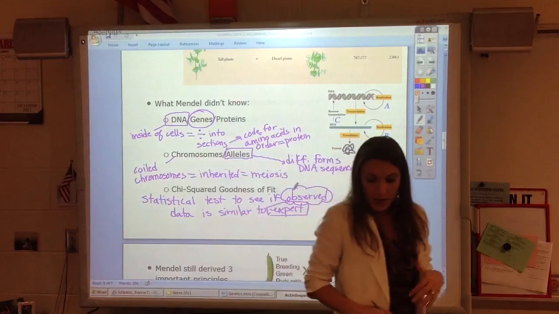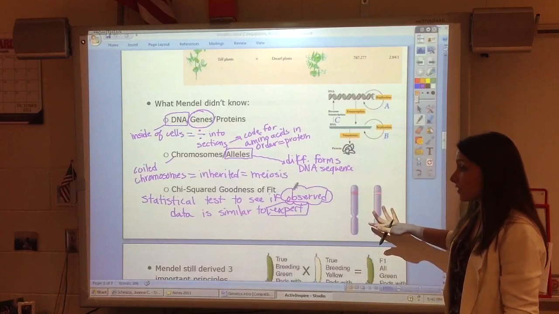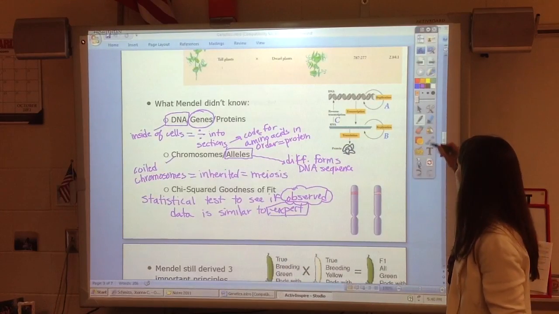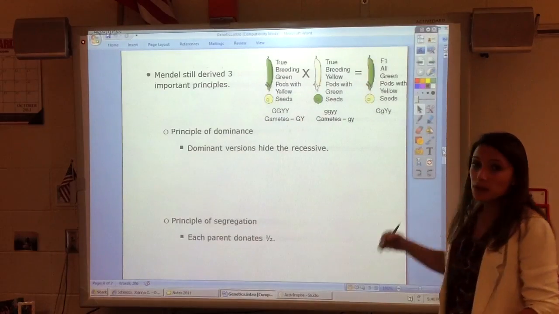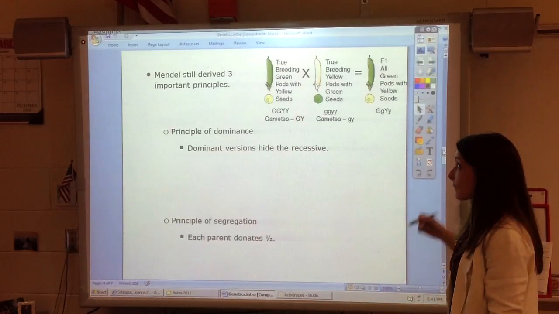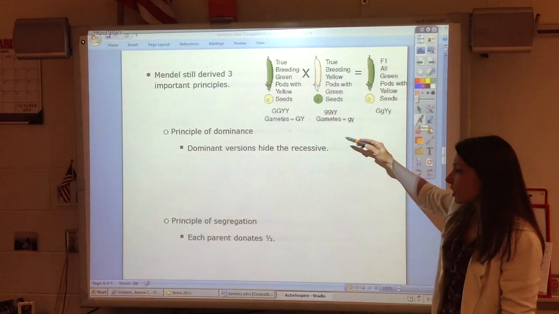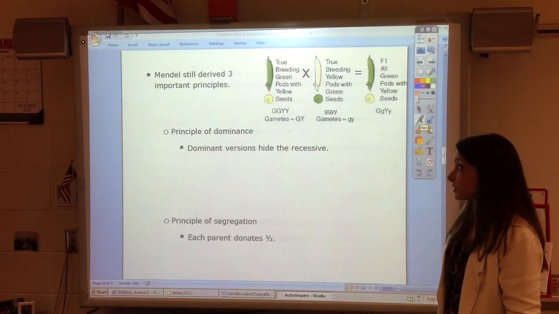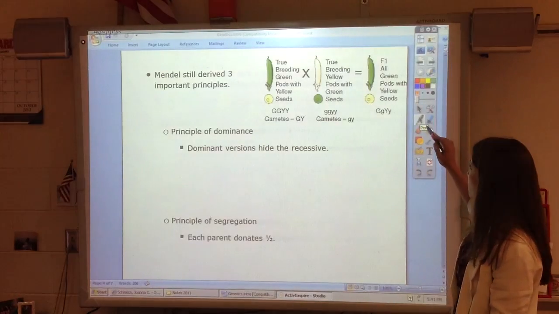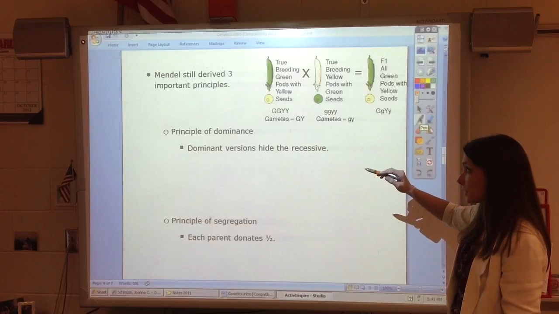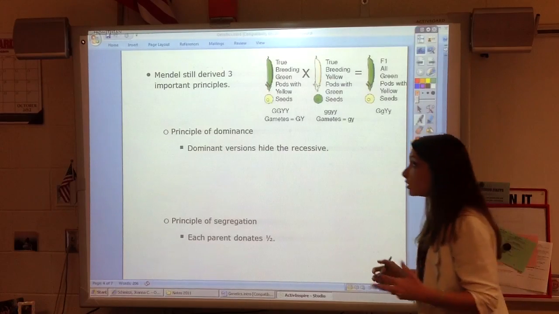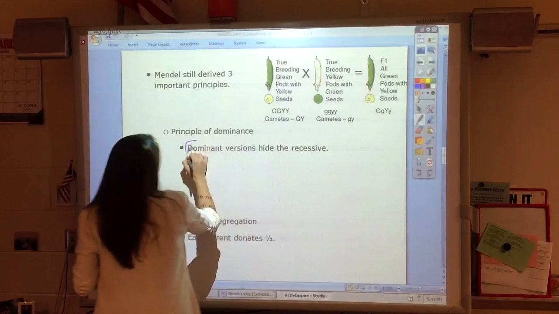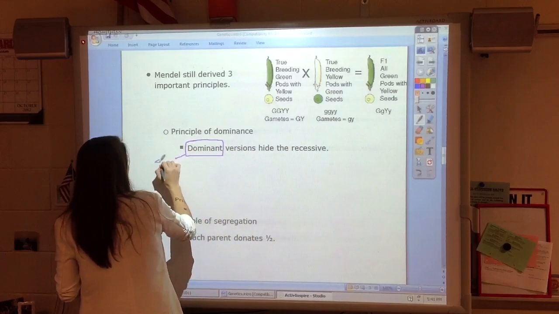So even without knowing all of this, Mendel still derived 3 important principles, and this is the big takeaway for today. So we're going to try to get through these 3 principles. The first principle is the principle of dominance. And the word dominant works very well here. Dominant I think of as stronger.